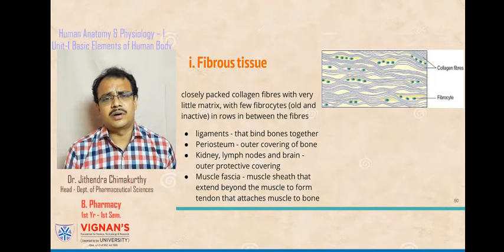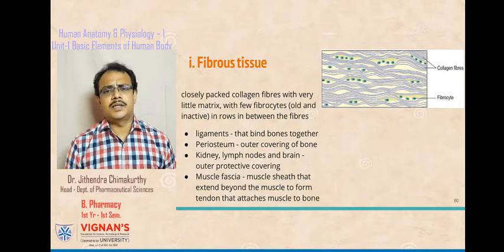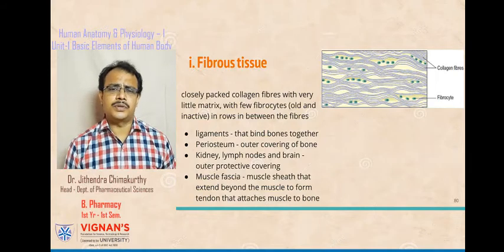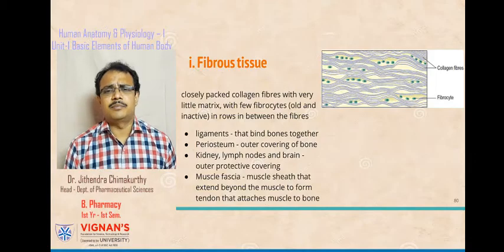Fibrous tissue also forms an outer covering of various organs such as kidney and brain. It also forms the outer protective covering of the bone, called the periosteum.